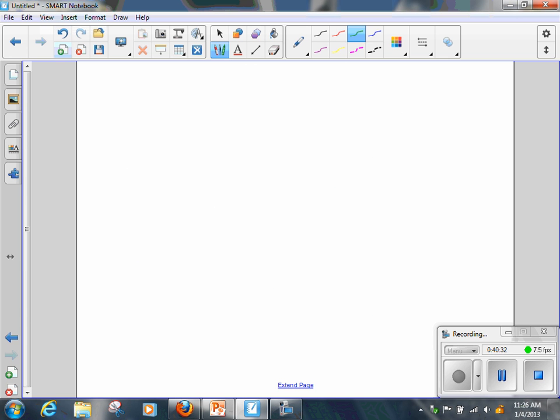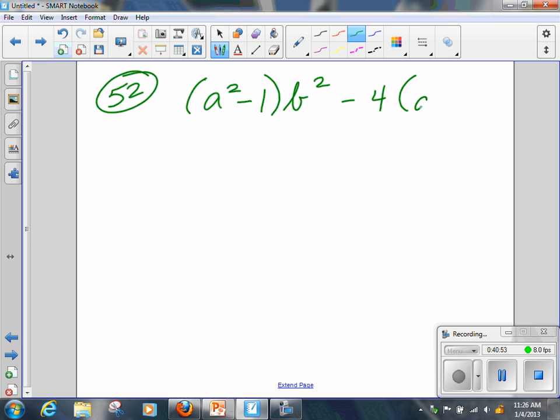Here's another one. Actually, this is number 52. You'll see what I'm talking about in a minute. A squared minus 1, the quantity, times b squared minus 4 times the quantity a squared minus 1. Anybody have any ideas?